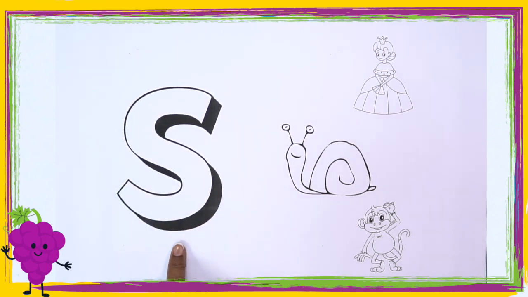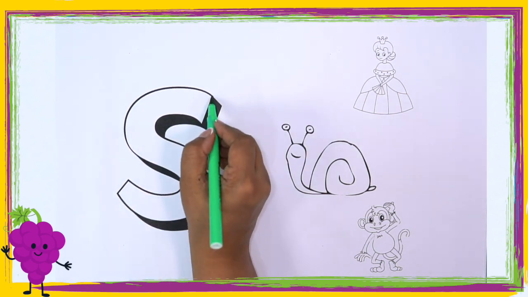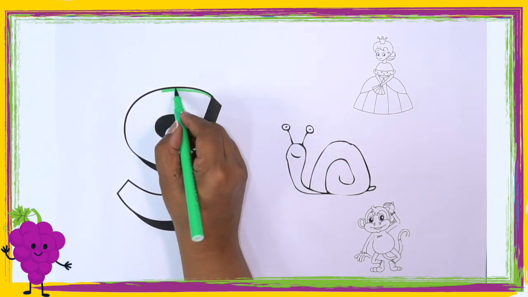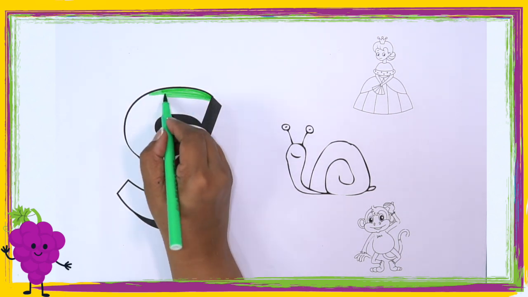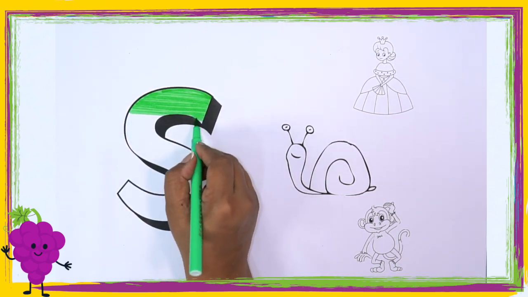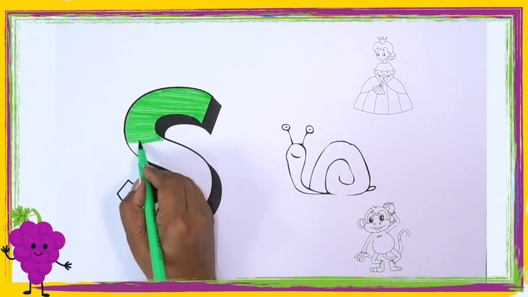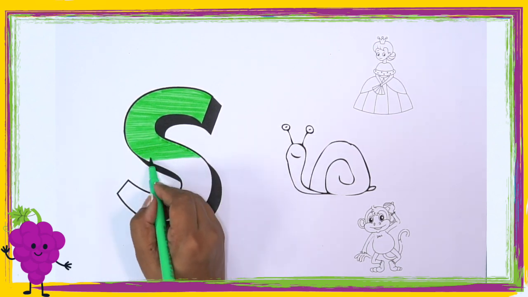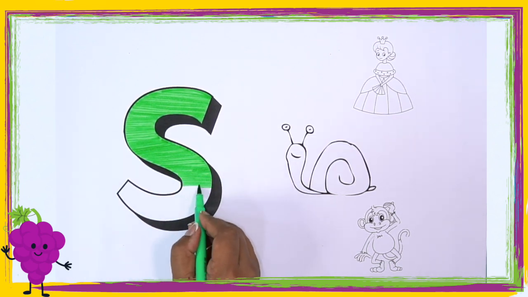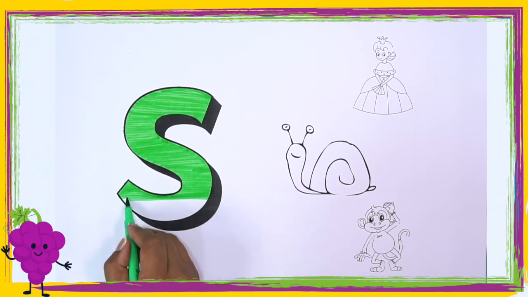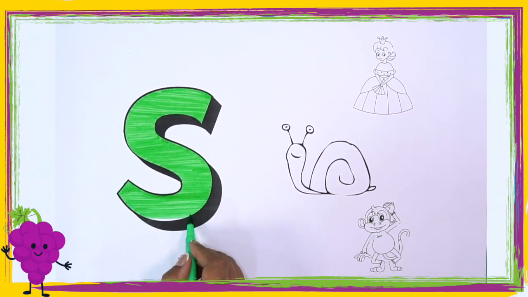This is S. Let's color the alphabet S. S. Can you help find us what comes from S?